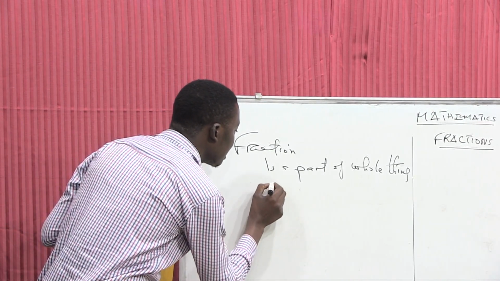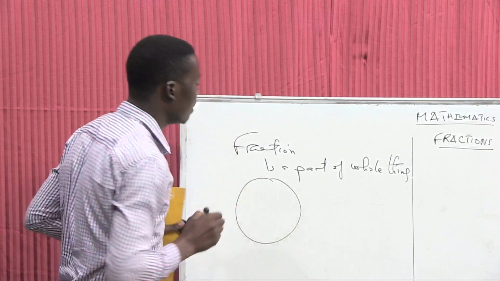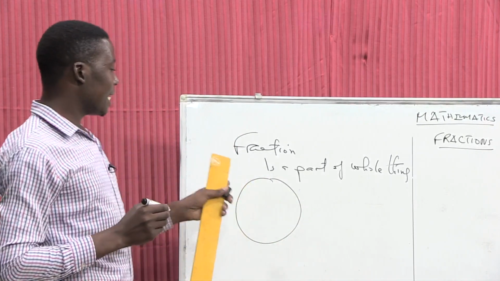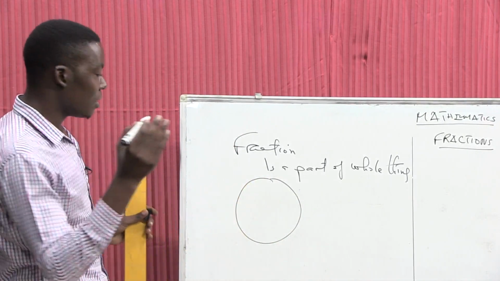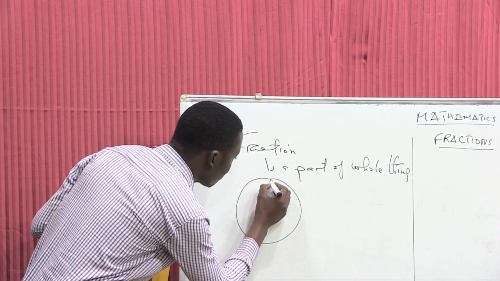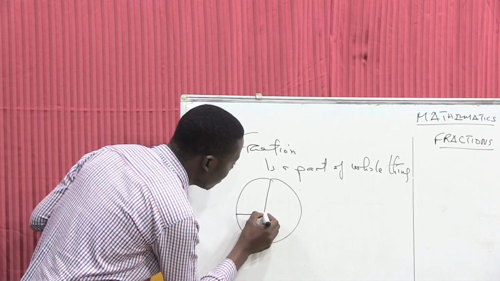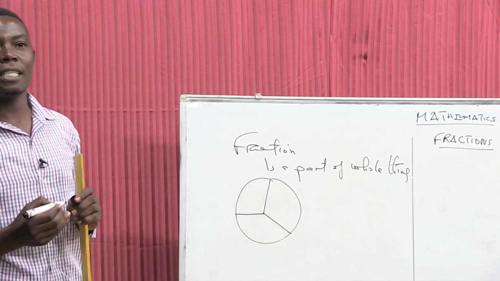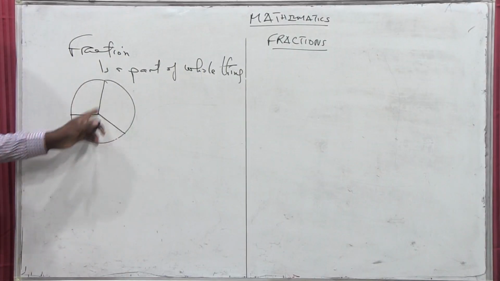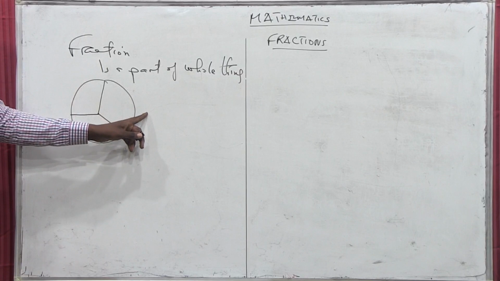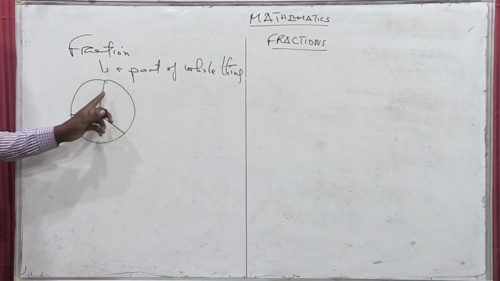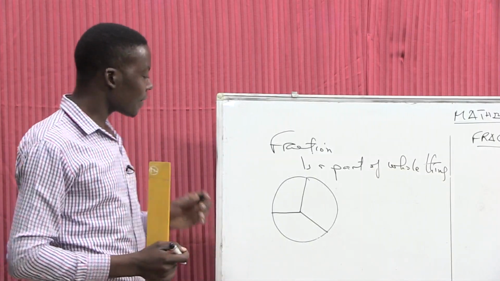Let's say you have this object here, and this object is divided into three equal parts. Because all the parts here are equal, each part is a fraction of this object, all right?